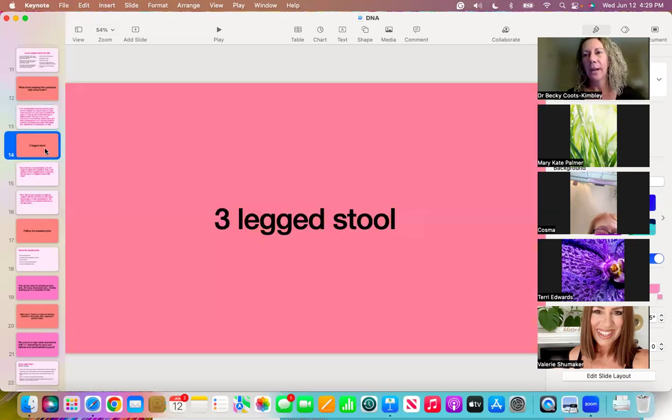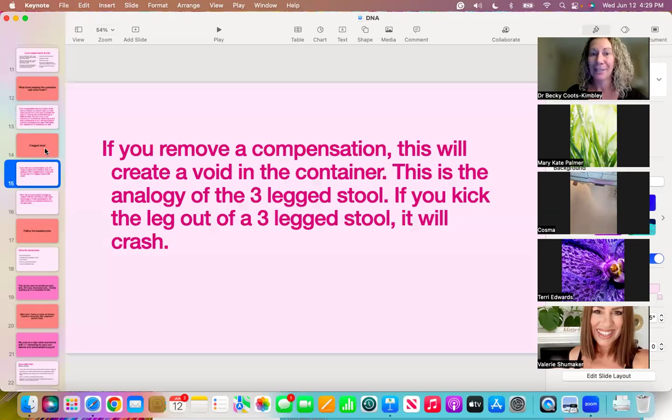We have another analogy in DNA, and that is the three-legged stool. And it is literally a three-legged stool. If you remove one of those compensations, this is going to create a void in the container, which is you, your nervous system. Something was removed that shouldn't have been removed. That creates a void. This is the analogy of kicking the leg out of a three-legged stool.